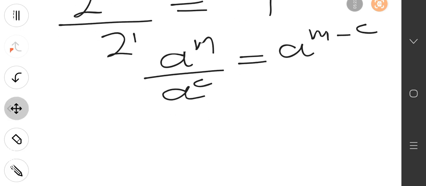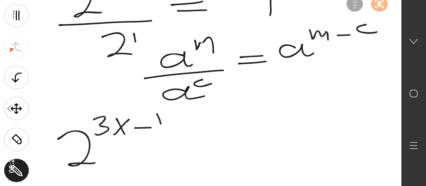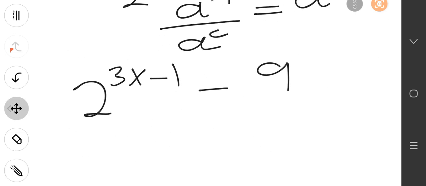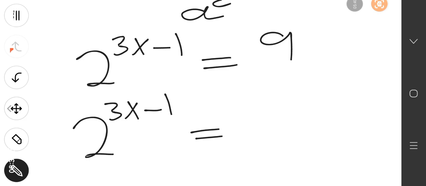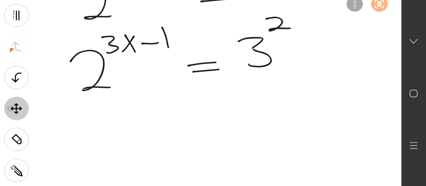So our equation becomes 2 exponent 3x minus 1 equals 9. Now 9 is the same as 3 exponent 2. Now, you can see we have different bases at both sides of the equation.